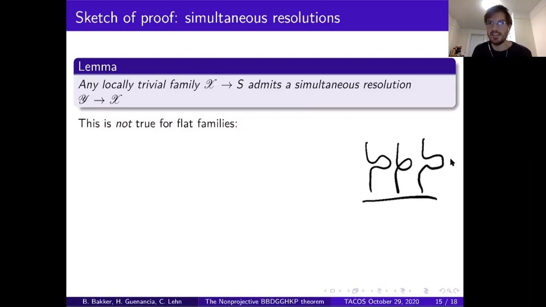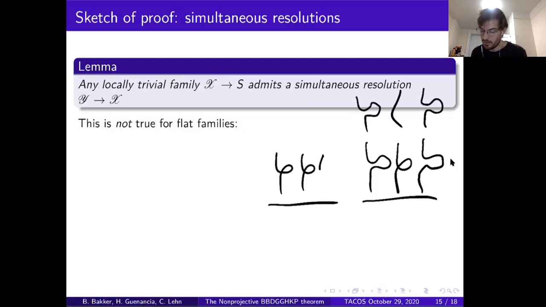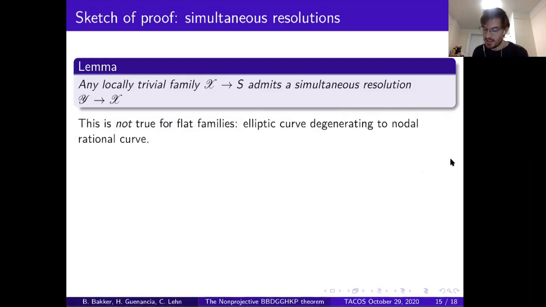There can't be a simultaneous resolution, because then I would have a family of elliptic curves specializing to a smooth rational curve, which can't happen. However, if we have a locally trivial family, it's at least plausible that I can take a simultaneous resolution like that. This is the example I just mentioned.